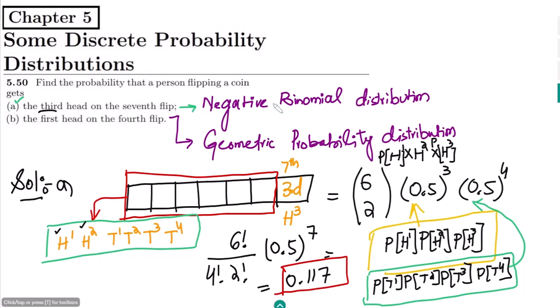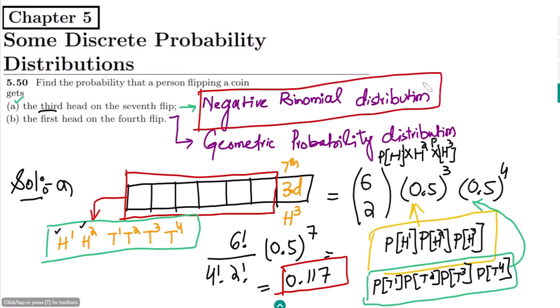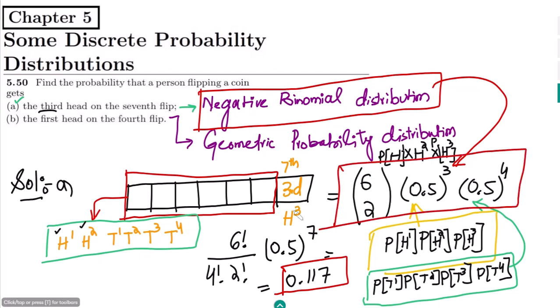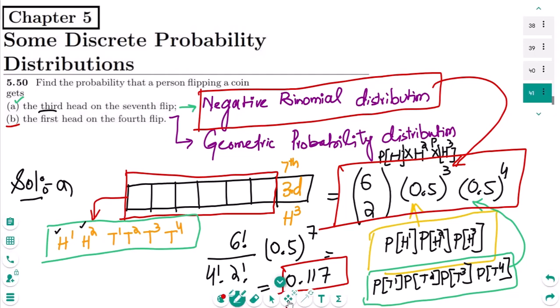All of this is related to the negative binomial distribution, because this is the formula for the negative binomial distribution which we have seen now. Now, to discuss part B of my question, the first head on the fourth flip, let me move down.